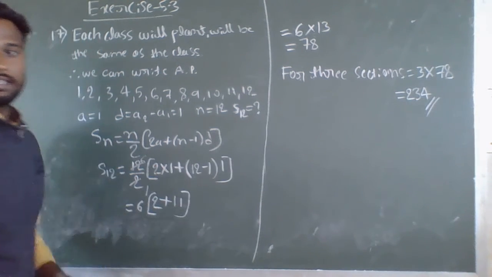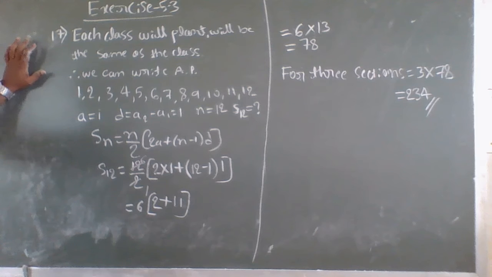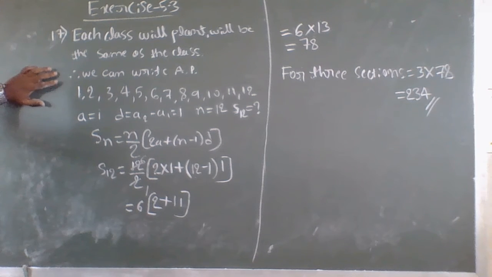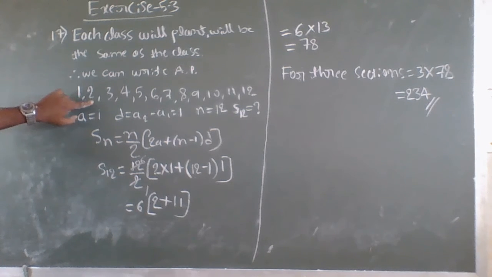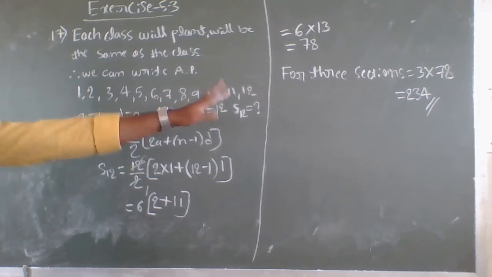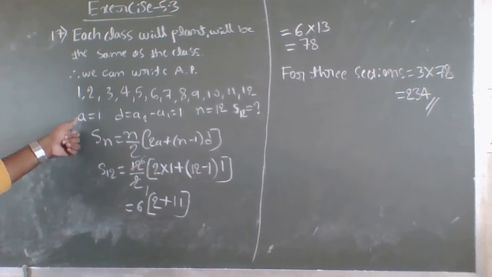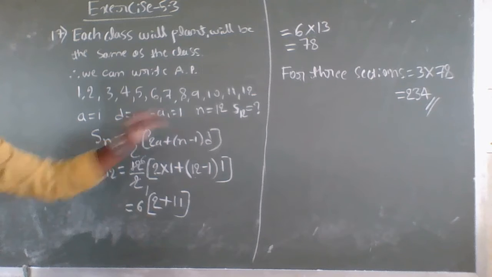So here what we did: each class will plant as many trees as the number of the class they are studying in. Class 1 will plant 1, class 2 will plant 2, like this up to the 12th class. So you can write the a value, d value and n value.